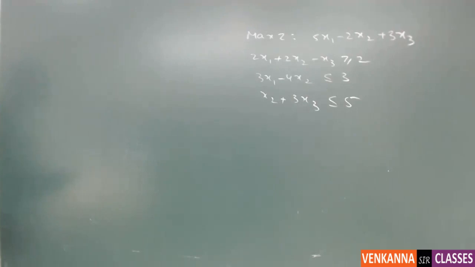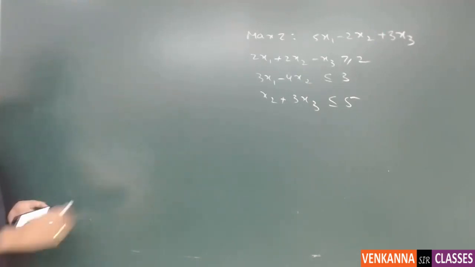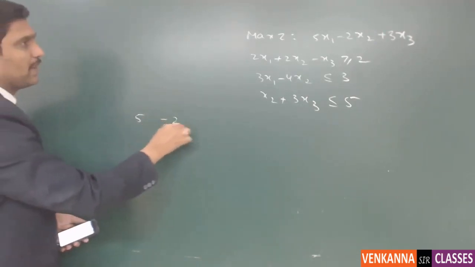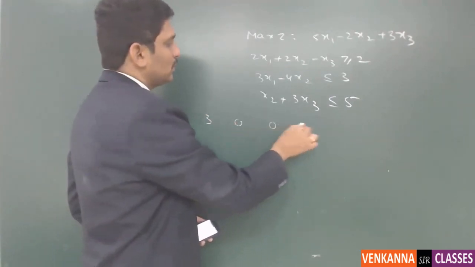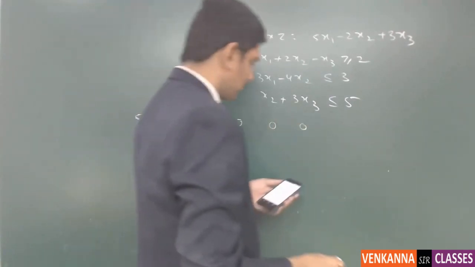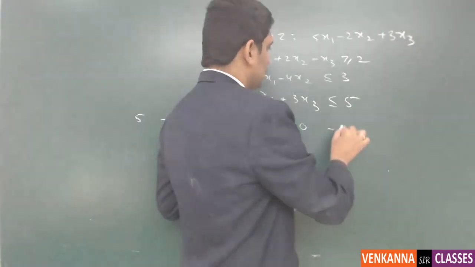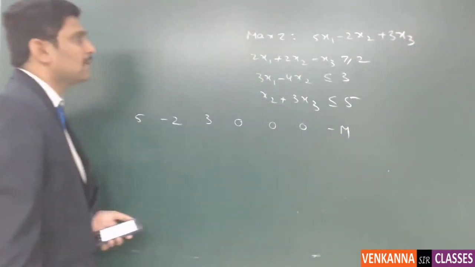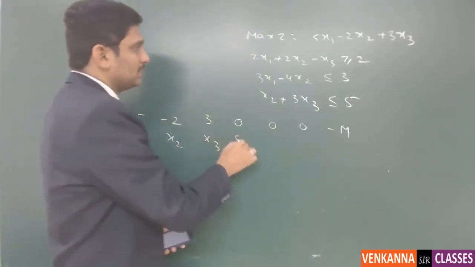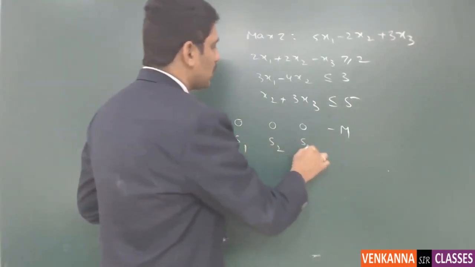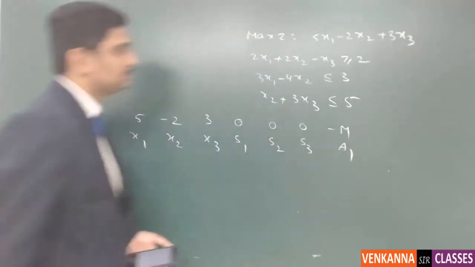Right. So if you write the zero level table, it will be 5, minus 2, 3, 0, 0, 0, and minus M. The variables will come as x1, x2, x3, s1, s2, s3, a1.